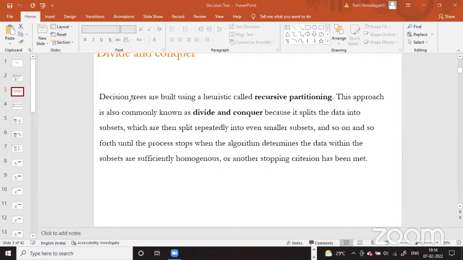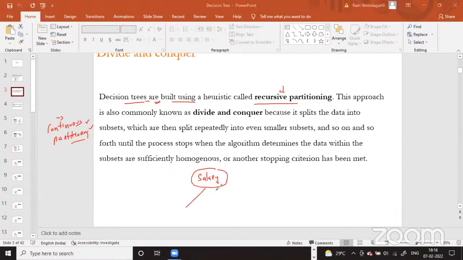So decision trees are being built using a concept called recursive partitioning. We are using the concept of continuous partitioning and then we are splitting our features. So what is the most important feature? This is salary.